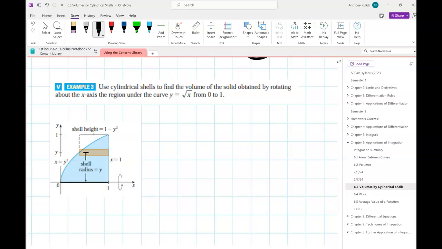We're going to be integrating with respect to y. Volume equals. Everybody's okay with that? So it's going to be a y that we're integrating with.